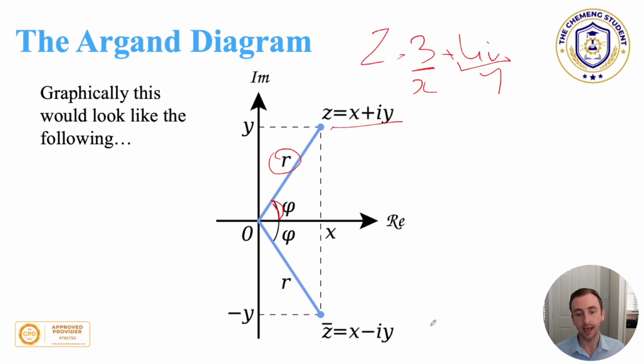This line is the conjugate. You can see that the x values are the same. The only thing that's changed is the y values. And so the argument will remain the same. That's not going to change. The only thing that changes is that instead of it being the positive y value, it will be the negative y value. And so when you know one of these, you will always know the other.